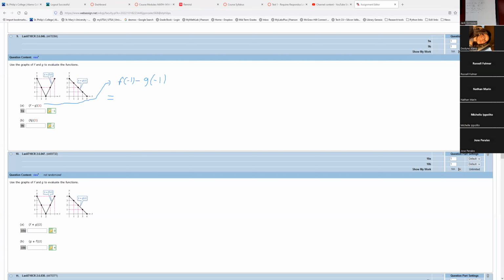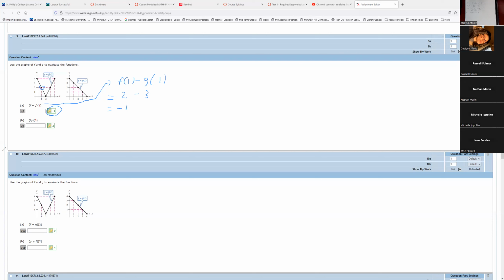Shoot. Let me erase that. So f of 1. So go to the x value on your f graph right here. So f of 1 means I get an output here, right? So this is actually 2 minus g of 1. Well, here's 1. At 1, the g function is 3. So this is the output. So you're subtracting the difference. And you're getting -1. That's how they got this guy.